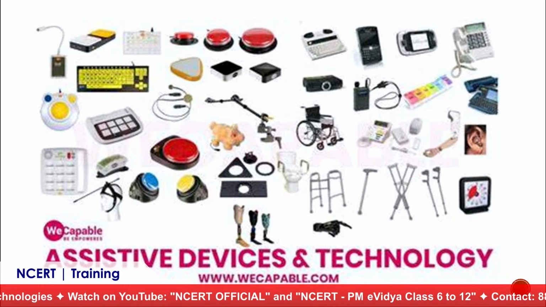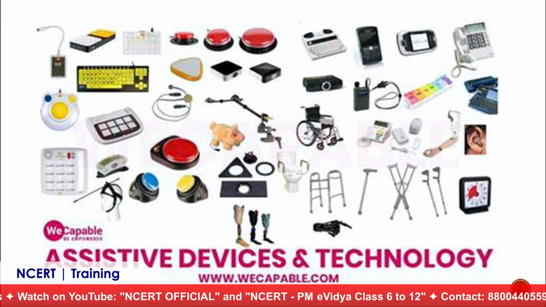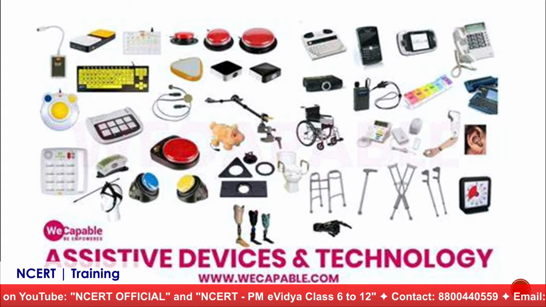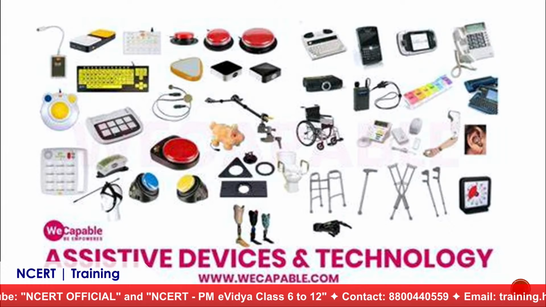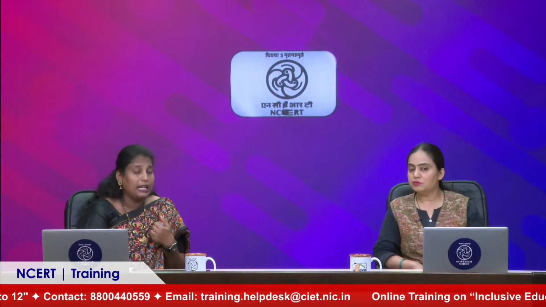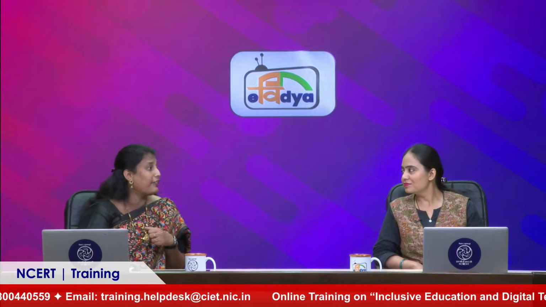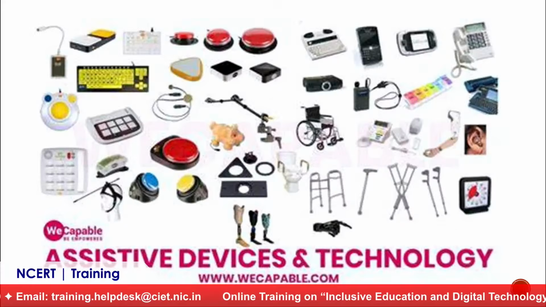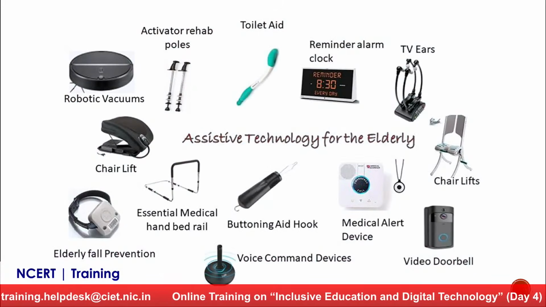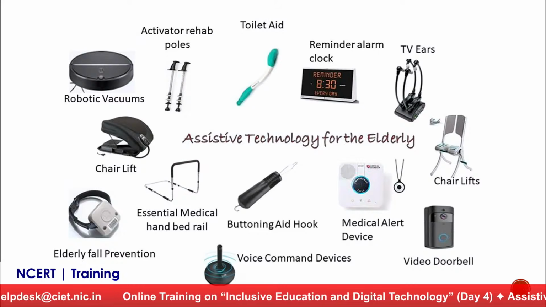You have hand grippers, lights, voice speech synthesizers, a lot of electronic devices which help in communication for children who cannot speak or who are non-verbal. For them, we call it AAC, that is alternate and augmentative communication. Those devices are very, very important. So these technologies are very important for children with disabilities.